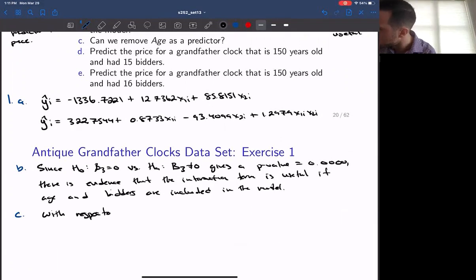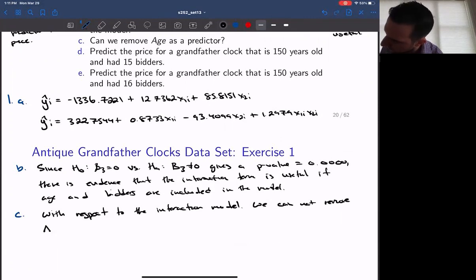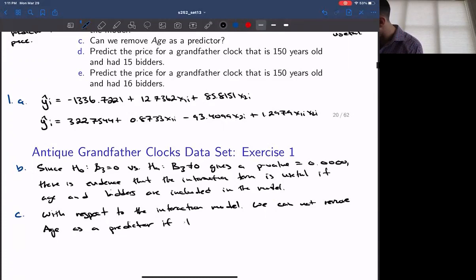So we cannot remove age as a predictor if the interaction term remains in the model.